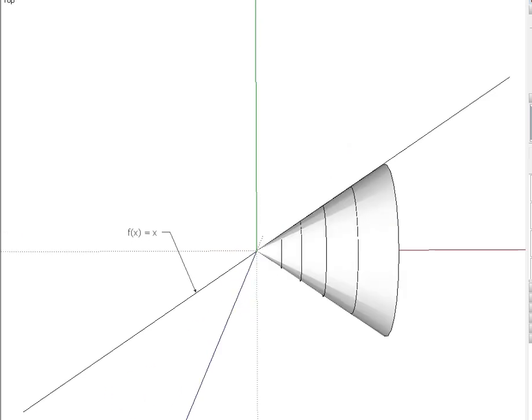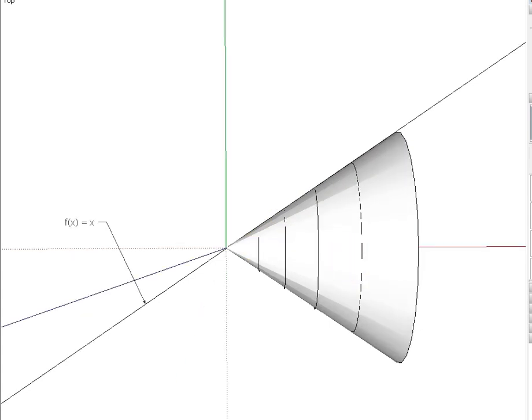And here is the integral of each of those circles as the input changes. And as you can see, the integral of circle areas where the radius follows a function f of x equals x creates a cone.